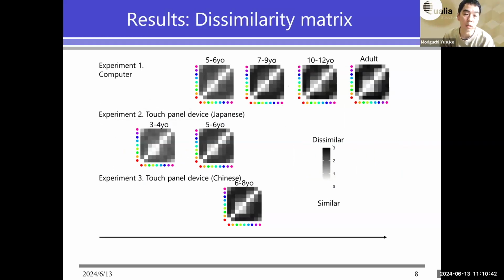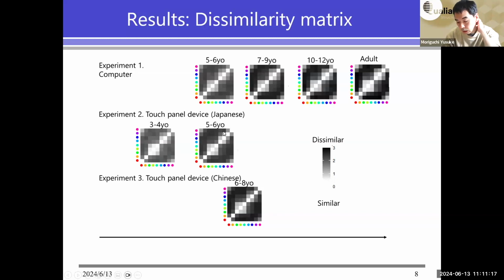So this is the result of the similarity matrix in all age groups. Generally, as you see, the similarity matrix is very similar across age groups. The white part represents similarity, and the black part represents dissimilarity. This is the result of experiments 1, 2, and 3. Around here, adults are a little bit thicker compared to the younger children, like 3, 5, or 6-year-old children or 3 or 4-year-old children.